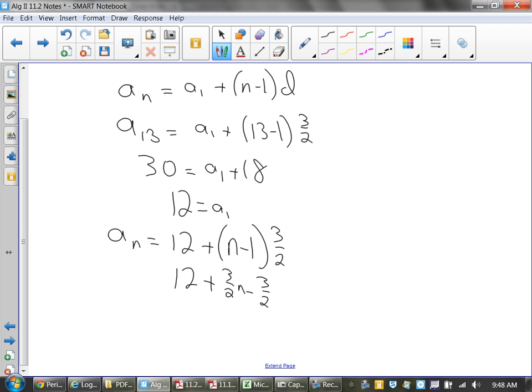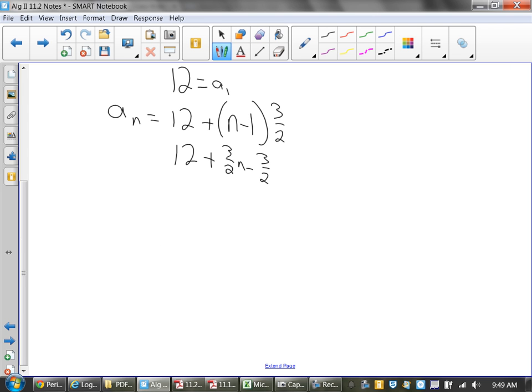In this case, what's 12 minus 1.50? Is it the end of the world if you write it as 10.5 plus 3 halves n? If you want to write it as 21/2, you can do that as well.